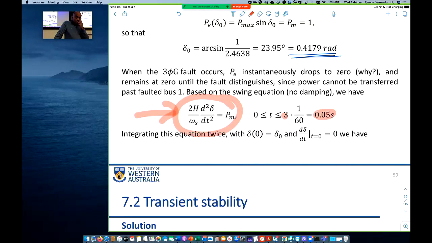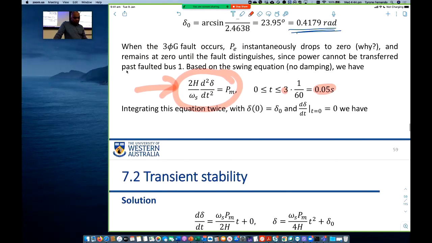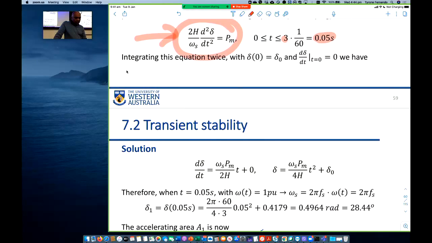If you know the second derivative, then you can integrate with respect to t and you get PM t. So take this equation, integrate both sides, then you have this t term appearing.